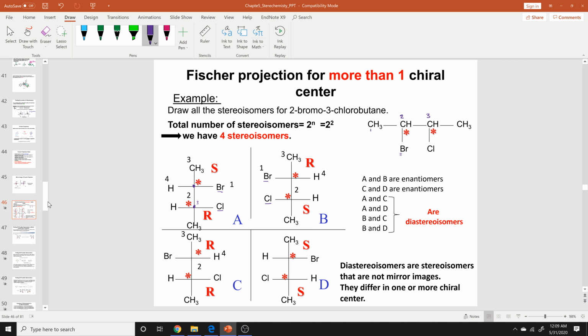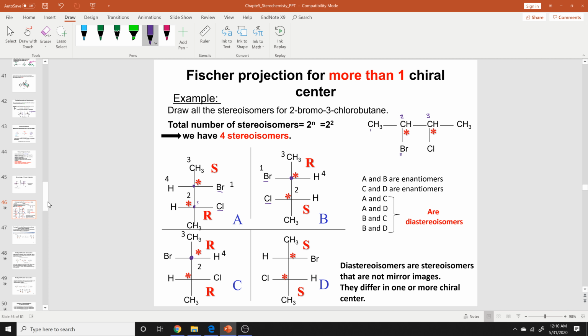So far I did 2 stereoisomers. I need to do 2 more because I have a total of 4 stereoisomers. So in this case, what I need to do is fix one carbon and rotate the other. So you look at stereoisomer B, because this is where we reached. Fix one chiral center. It doesn't matter which one. So here I fixed the top chiral center, and I rotated the chiral center at the bottom.